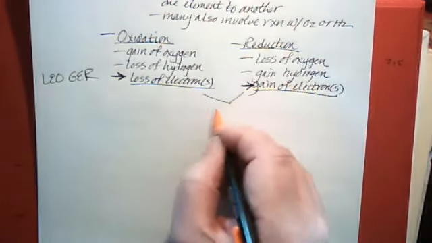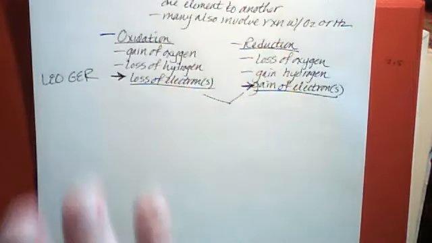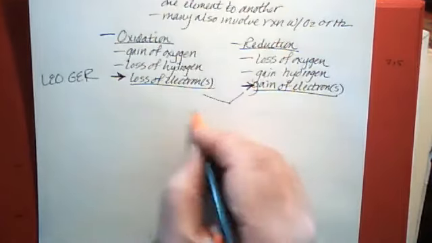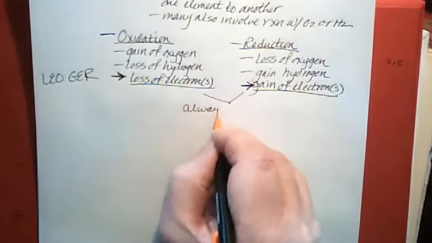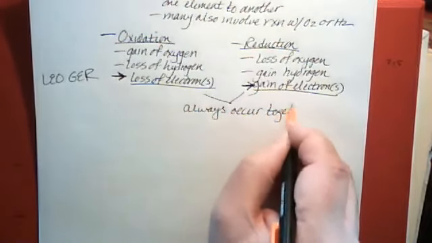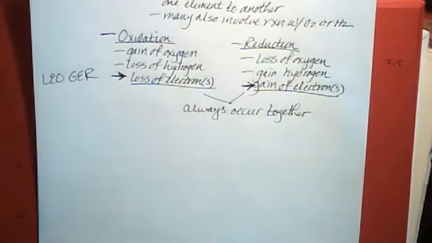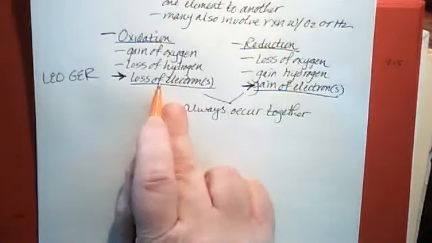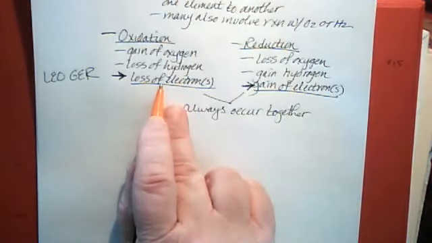Because of these definitions, they're basically the opposite of each other, and they involve the transfer of something from one place to another. Once again, it bears repeating that these two processes always occur together. If something loses an electron in order to be oxidized, that electron has to go somewhere.